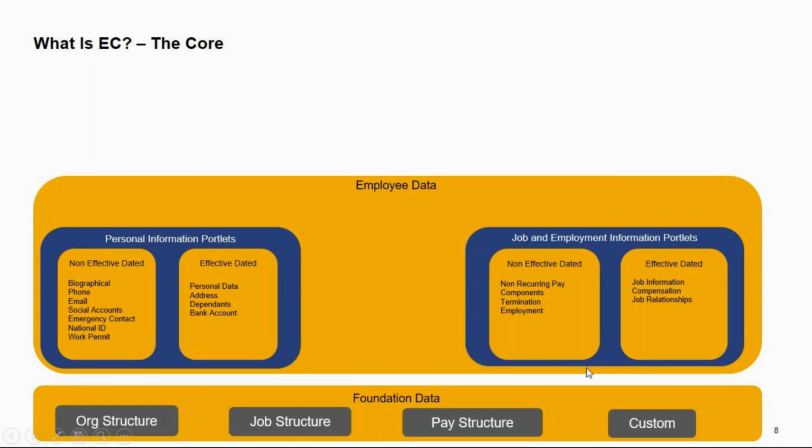Even in the job and employment information, it is the same thing. You have effective and non-effective dated portlets. Job information is effective dated, where you'll be maintaining all the transactions: a hire record, a transfer record, a termination record, or a promotion record. So every record will have a date. You were hired on so and so date, 1/1/2023.